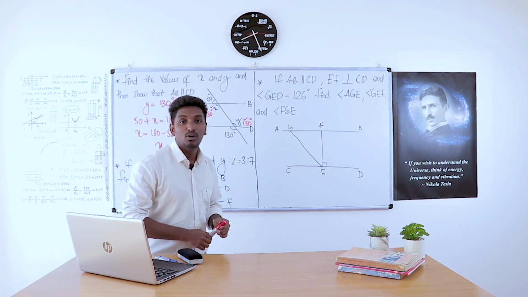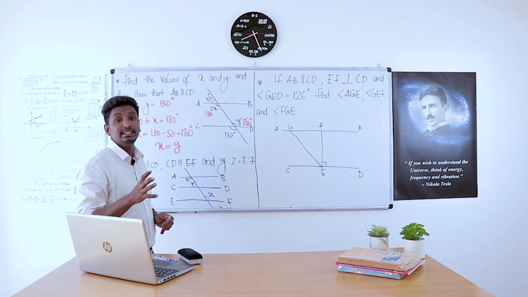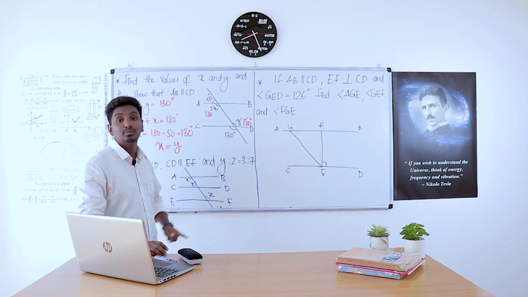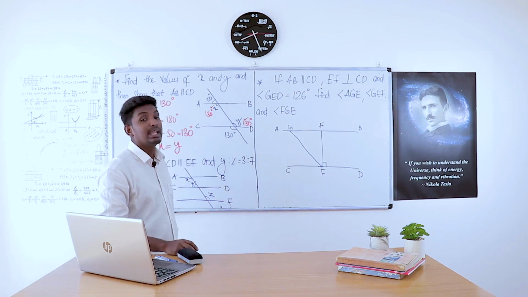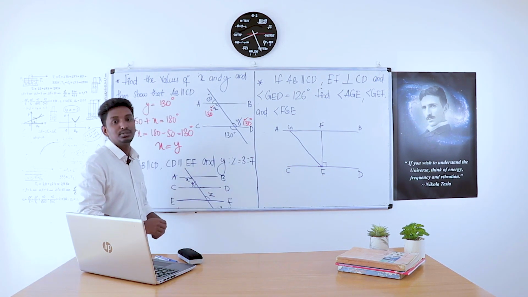So alternate interior angles are equal here. If alternate interior angles are equal, then the lines are parallel to each other. That is AB parallel to CD. Hence proved.